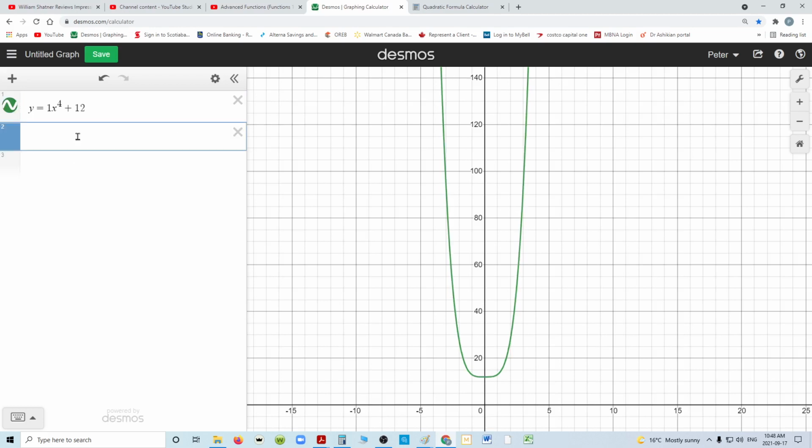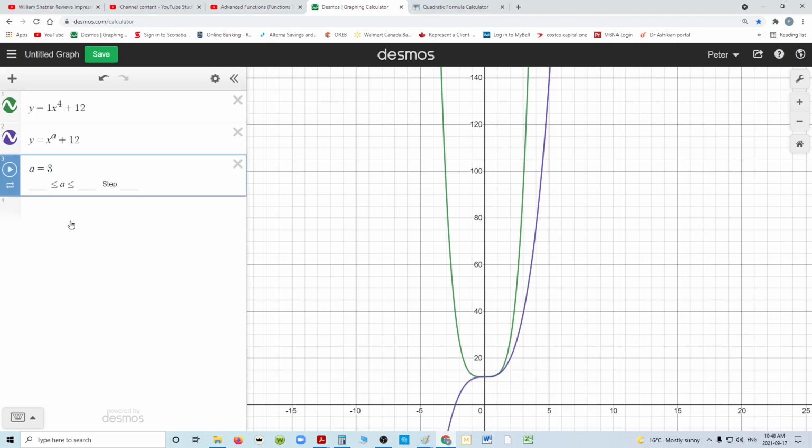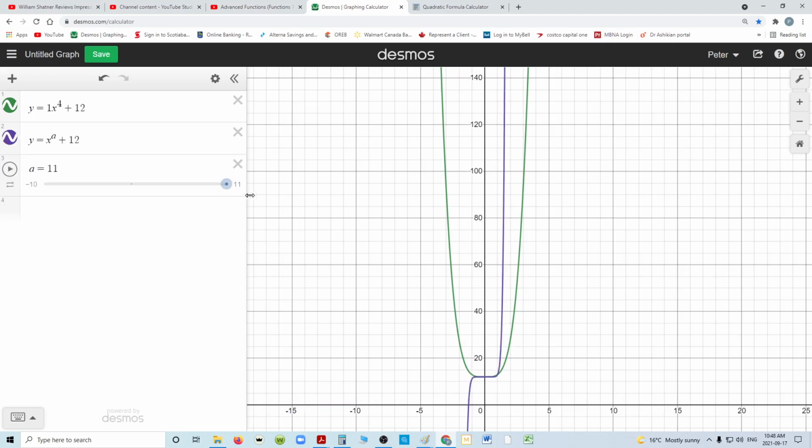Whereas anything with an odd power, so I'm going to just put x to the power of a plus 12, and I'm going to create an a here, and I'm going to make it 1, 3, 5, 6, 7. And you can see that all the odd powers must cross the x-axis, which is just common sense, because we know the behaviors of odd powers.